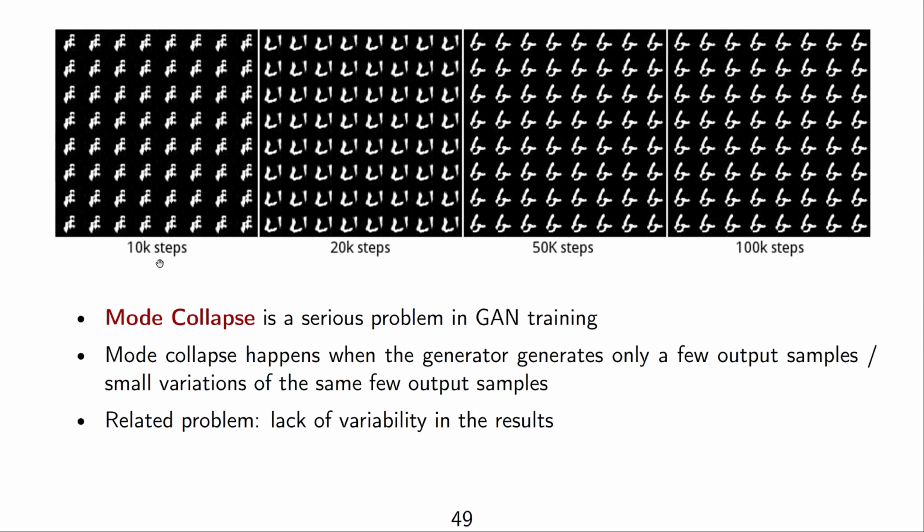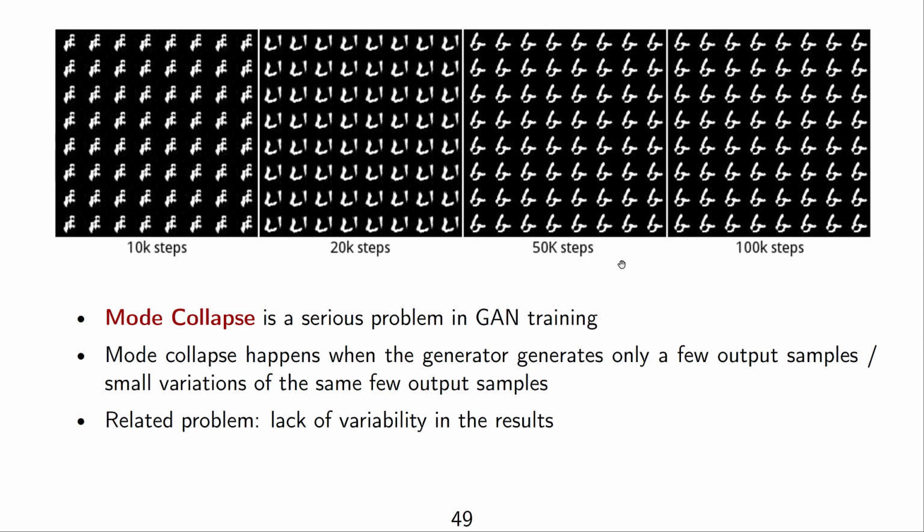And so what we see is that after 10K steps, all of the 64 random vectors generate the same output image. And after 20K steps, the output image is different, but still all 64 random vectors produce the same output image.